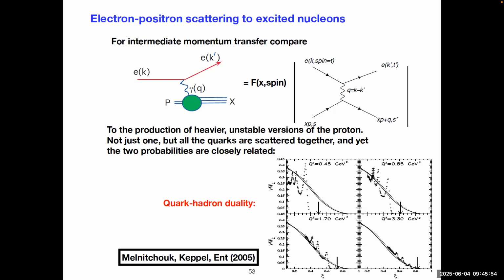It takes the probability for scattering a quark and it redistributes it. It says, well, I have a resonance here. What do I mean by resonance? It means it eats up the probability of the quark prediction and gives me a peak.